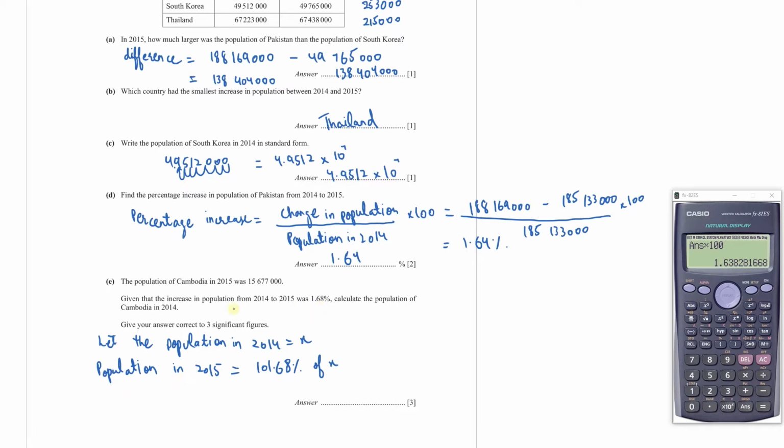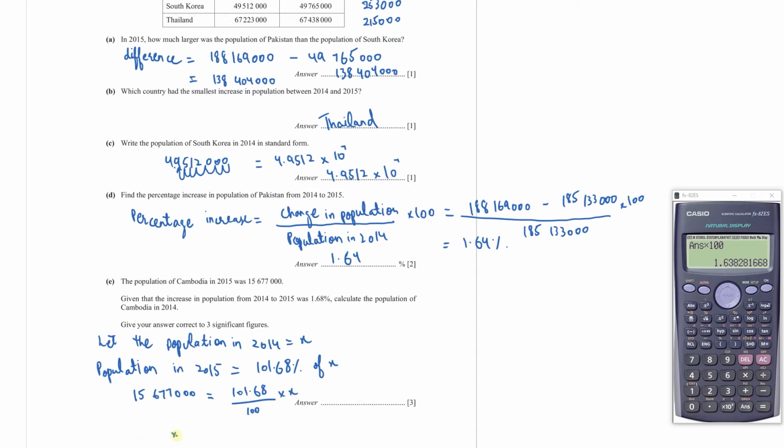So we're given the population in 2015, this. So this will be 15,677,000 equals, so I'll convert this percentage into a fraction, 101.68 divided by 100 and then multiplied by X, which is the population in 2014.